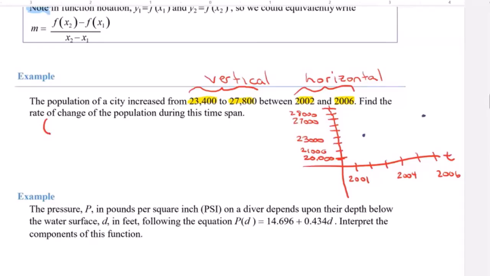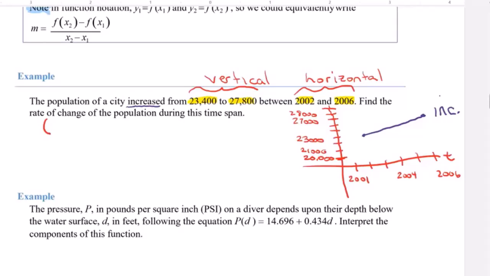So probably somewhere around there. And we can see that my line is going up. So this is an increasing function. And that makes sense because right here it says the population of the city increased. So we should have a graph that's increasing.